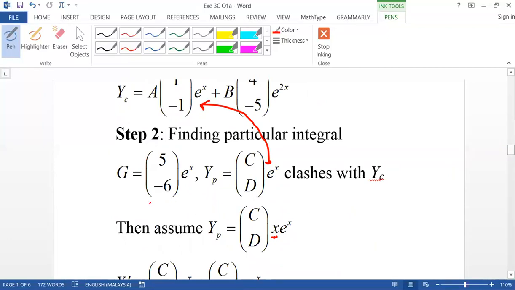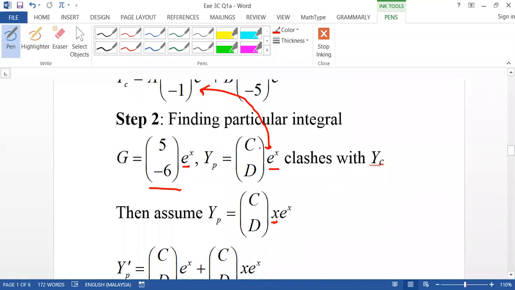Your vector g from the question is 5 exponent x minus 6 exponent x. Hence, for the undetermined coefficient method, we choose a Yp of the same form as g. In here, exponent x, the Yp we choose also exponent x. Since we have used A and B here, we use C and D.